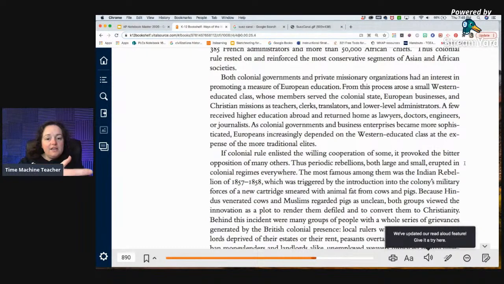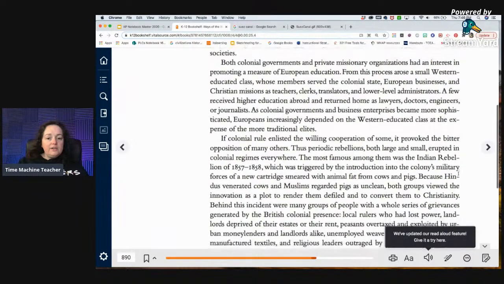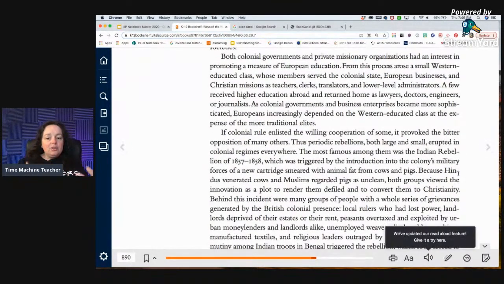So the kids that they're educating will later grow up and have roles in the education system. A few will even receive higher education abroad and return home as lawyers, doctors, engineers, and journalists. As colonial governments and business enterprises became more sophisticated, Europeans increasingly depended on the Western educated class at the expense of the more traditional elites. So they're almost creating a new class of people.